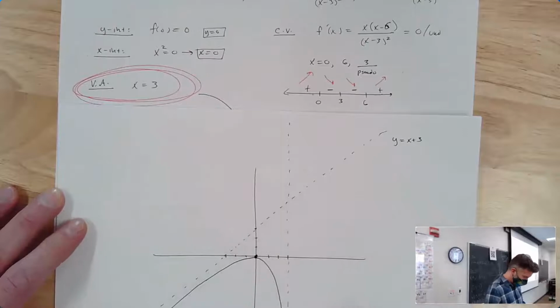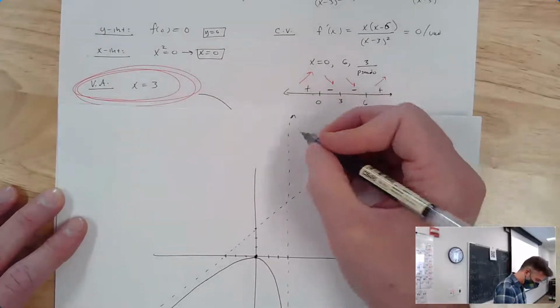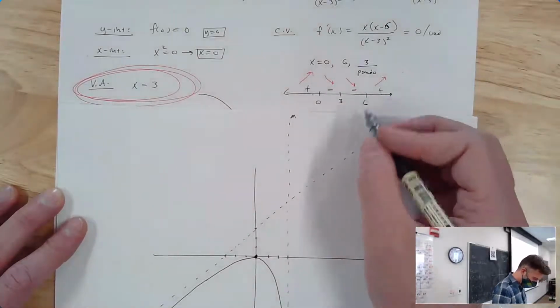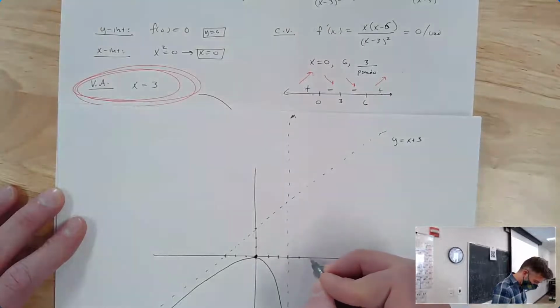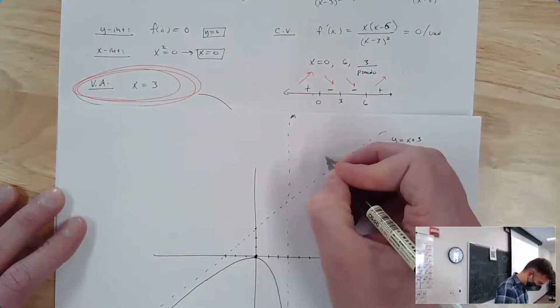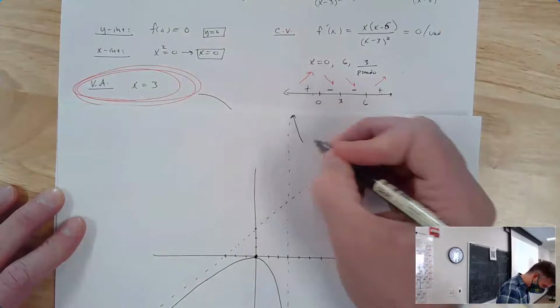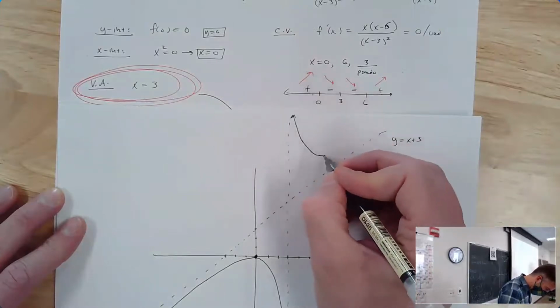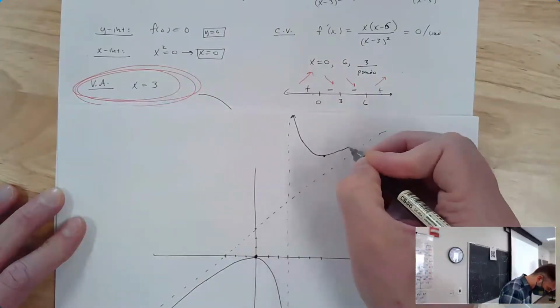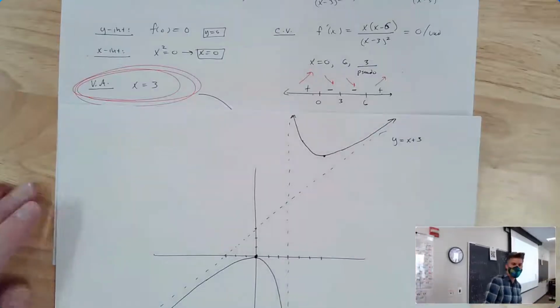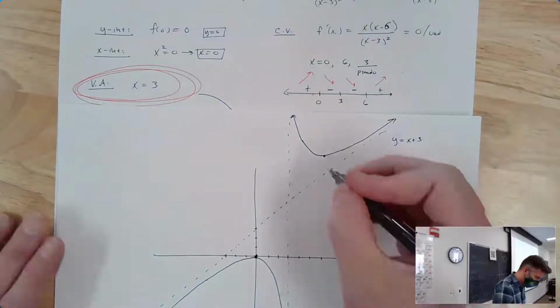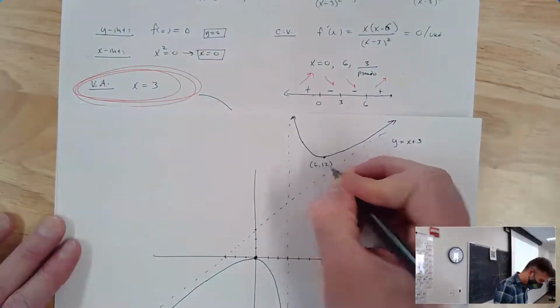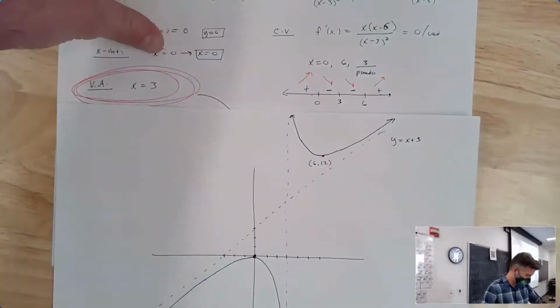And then after 3, it's still decreasing. And then at 6, it's going to start increasing. So 4, 5, 6. Hit that minimum. And then increase afterwards.